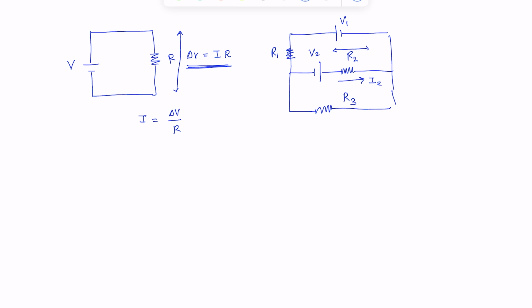If you use those rules, you can analyze these kind of circuits. You can figure out what is the current through a particular resistor, what is the potential difference across a particular resistor, and further down the road you will also try to calculate what is the power dissipated by a particular resistor. So all those kind of things can be figured out using the rules.